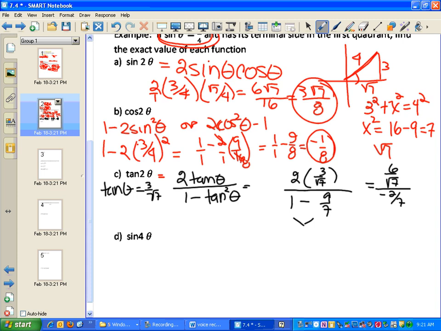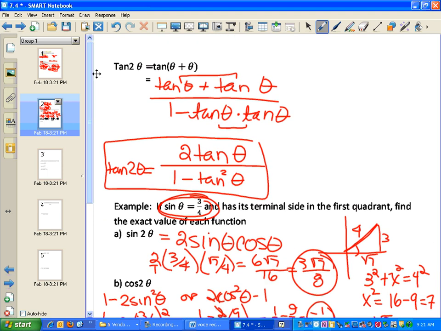So if you go back and look at what we derived, we said that the tangent of 2 theta is twice tangent of theta over 1 minus tangent squared. If I'm given tangent of 2 theta, this is the formula I must use. This? This?